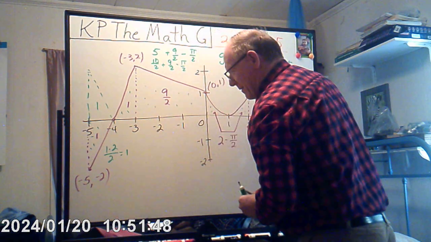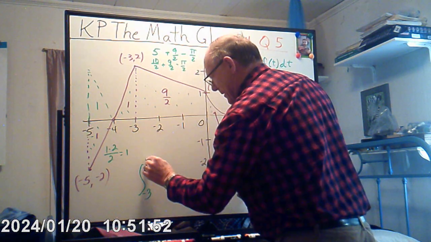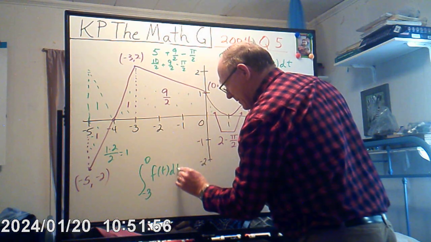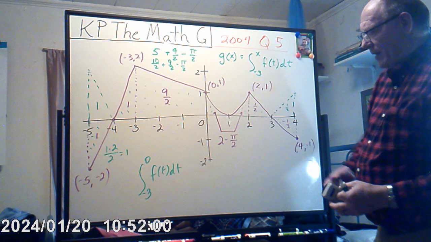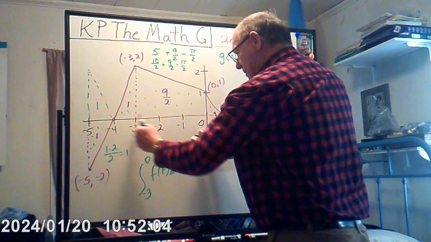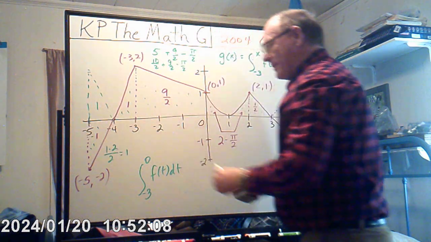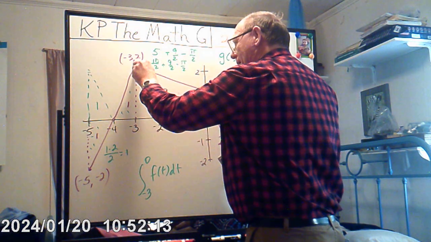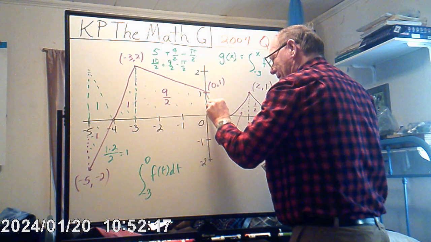So if I go from -3 to say 0, I'm just looking at the area from 0 to -3, no further back than that. I'm just looking at this area here. So this line is dotted, and right here is 0.